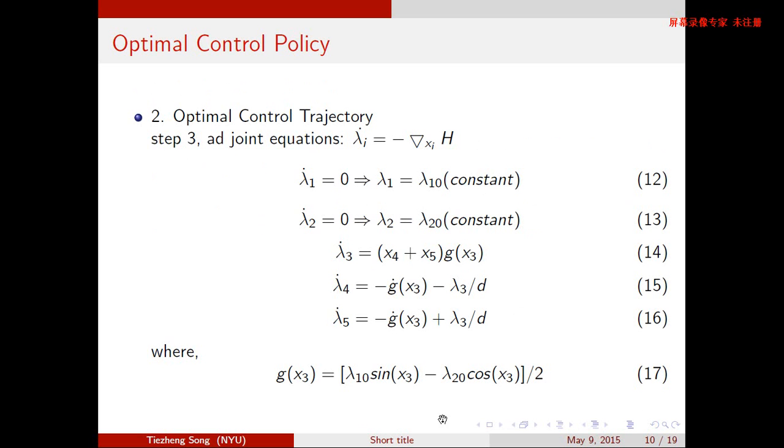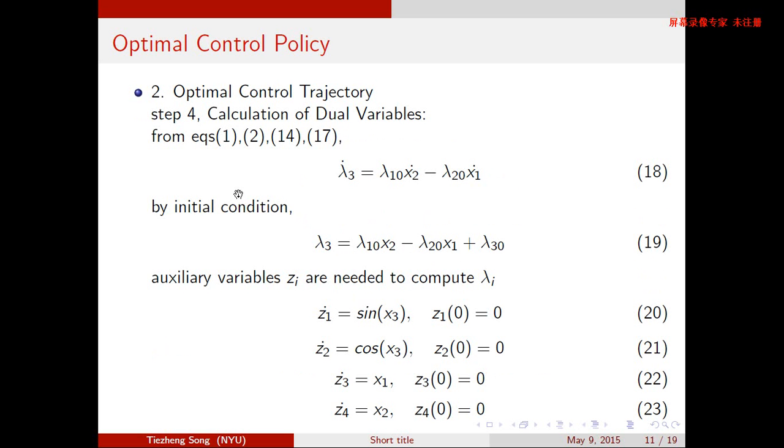In order to simplify the computation of the dual variables, I assume that this relationship is needed, which is a function of x3. x3 means the orientation of this unicycle-based robot. So the next step is to figure out the trajectory for the dual variables.